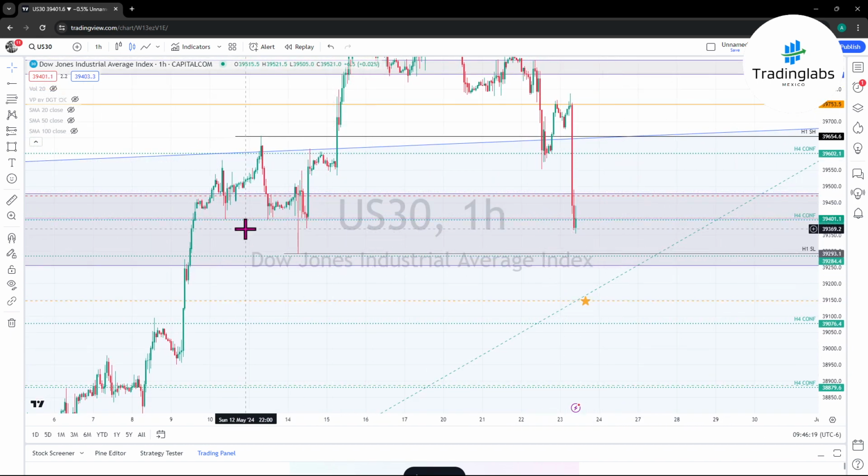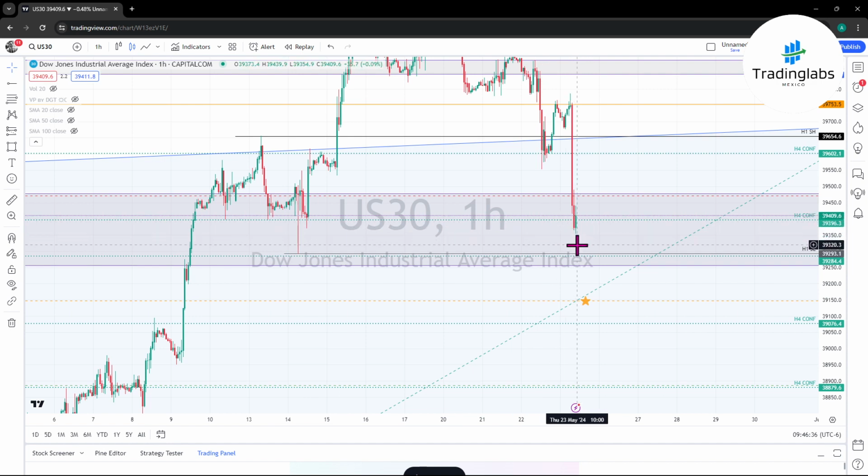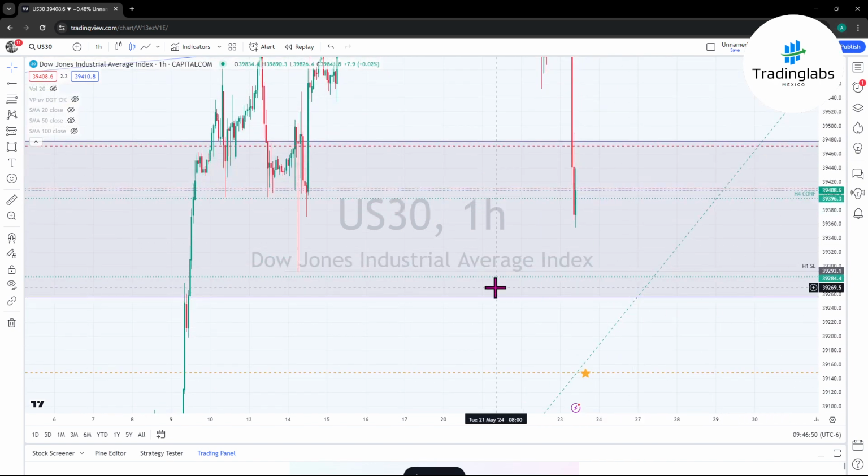Remember that for the market to make a push, it needs to find liquidity in the market. Where is the previous liquidity in the market? This high, this low. So it needs to break this low, find this liquidity, and make something that tells me that the market can go up again.